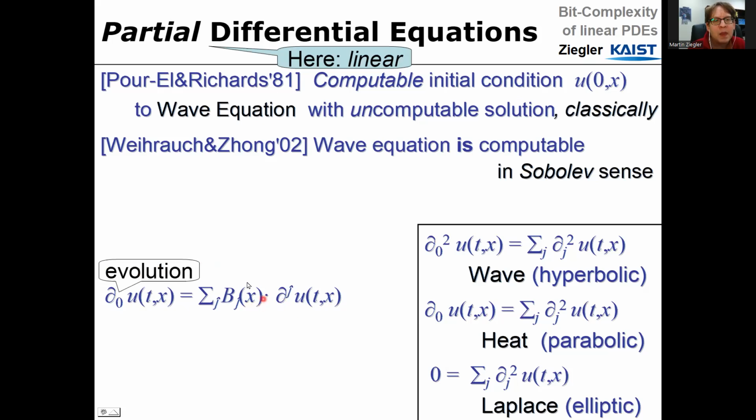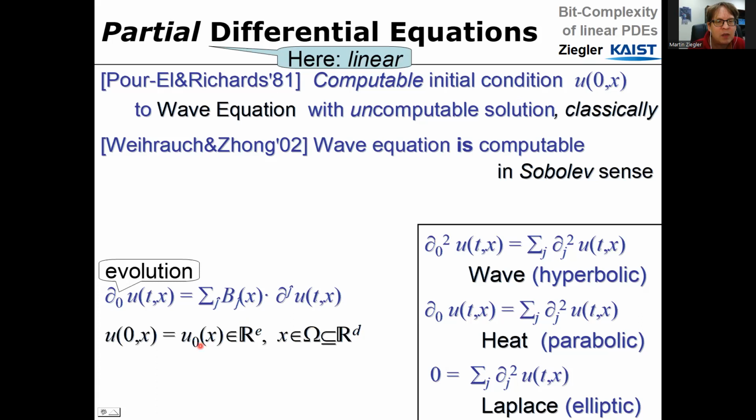It's linear and it has coefficients that are either real numbers or matrices, depending on whether this is a vector system or a scalar PDE. These coefficients may or may not depend on space. We prohibit them from depending on time, but this is no loss of generality, by introducing another additional artificial spatial variable.